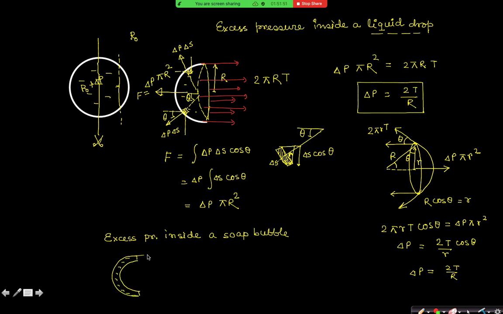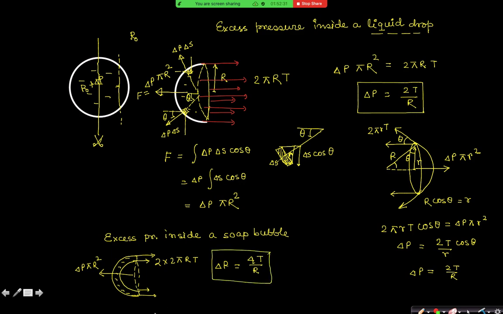So one is 2 pi r T from here, another is 2 pi r T from there. Right? So this force delta P pi r square is balanced by 2 into 2 pi r T. Can you understand why I have written 2 into 2 pi r T? Yes, sir. There is one extra free surface available in case of a soap bubble. So in case of a soap bubble, what is the formula for excess pressure? 4T by R. Right.